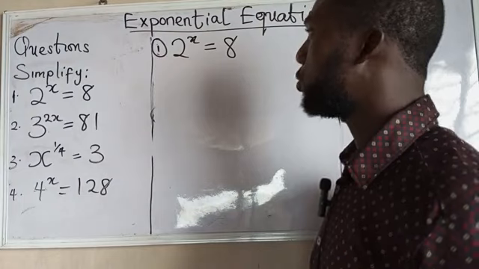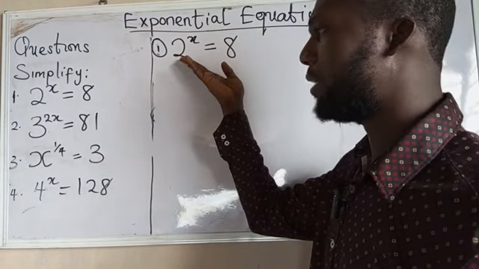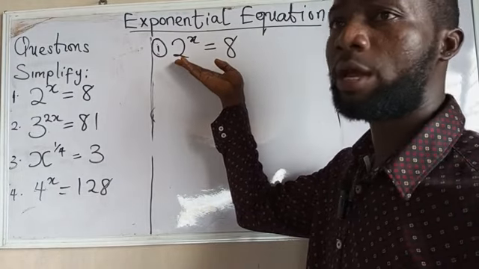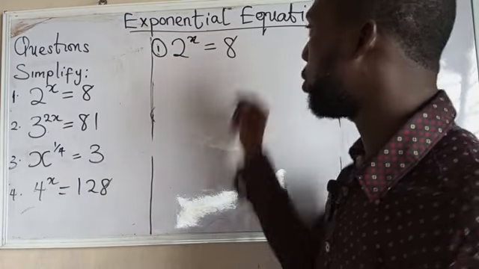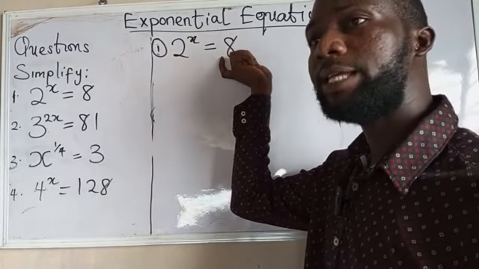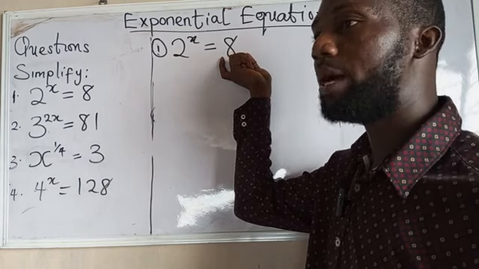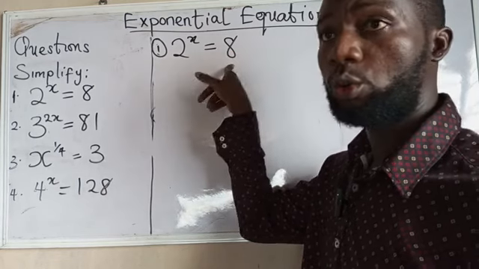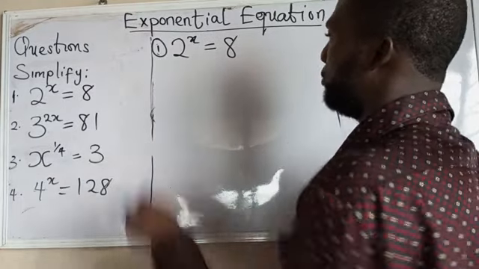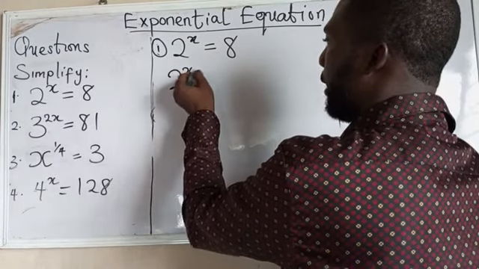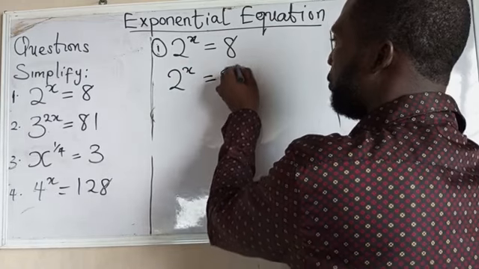The lowest base I can see on my left hand side is 2. So the trick here is to make sure this 8 is reduced to 2 in such a way that when you raise it to its power, it becomes 8. So we have 2 raised to power x equals 2 raised to power 3.